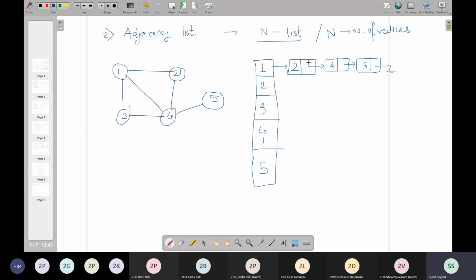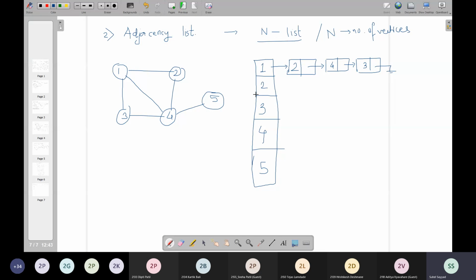The sequence inside is not important to us, but what is important is that all of these are adjacent to 1. There is no relation between 2, 4 and 3 internally. That they are all adjacent to 1 is the only relation, the only information conveyed from this first linked list. Is it understood?